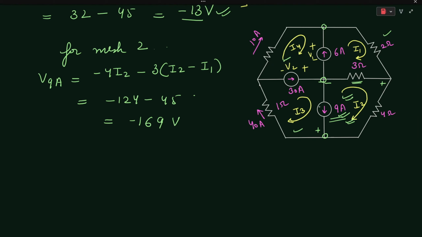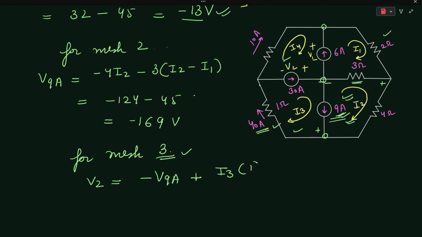In order to find the voltage V2, we need to apply mesh analysis in this third mesh. For mesh 3, the value of V2 will be equal to minus V9, the voltage across the 9 ampere current source, plus I3 into the resistor, since I3 is already given to us as 40 amperes and the resistor is 1.